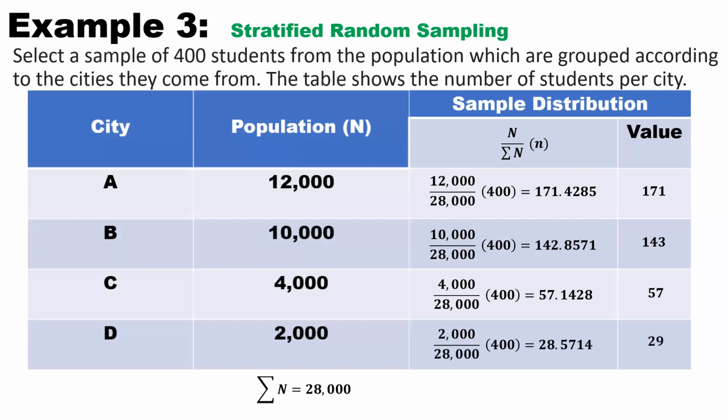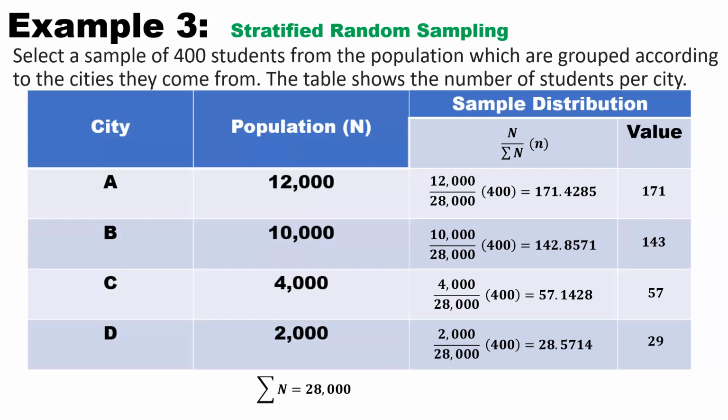Sometimes, no, even if you have a value where the decimal is from 0.5, minsan binababa natin siya kasi basta dapat maging total lang siya sa 400 students. Kasi yun yung sample size natin. So you will just adjust your computation. Okay, sa pag-round off na po yun, hindi po doon sa mismong computation.